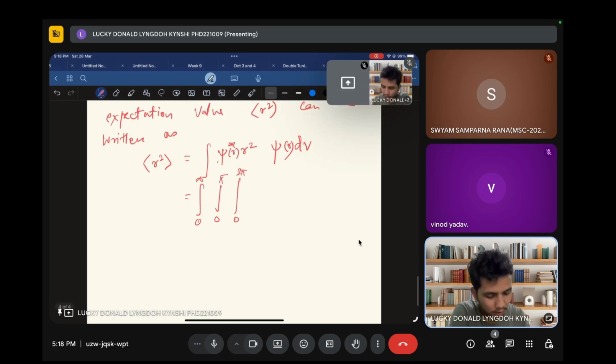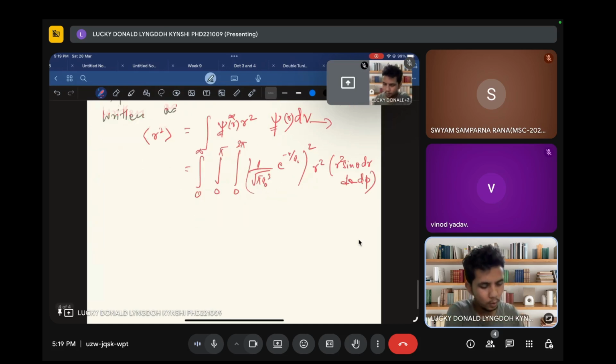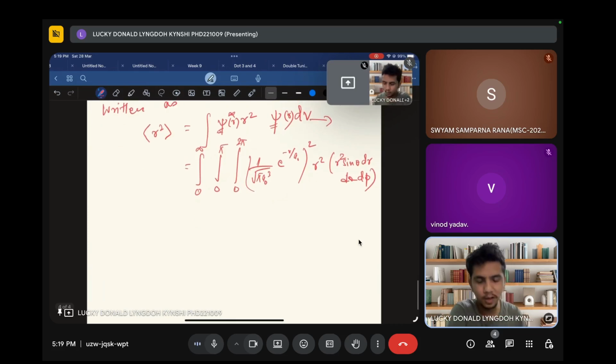Since psi appears two times, I can put a square term, which is 1 divided by root over pi a naught cubed e to the power minus r divided by a naught, whole square. Then r square stays as it is, and dv in spherical polar coordinates is r square sine theta dr d theta d phi. So I convert everything into spherical polar coordinates.